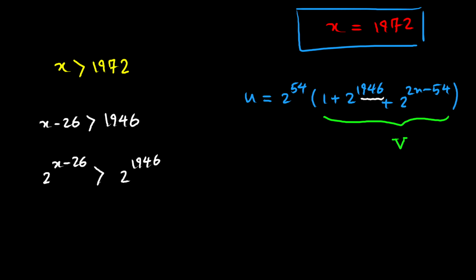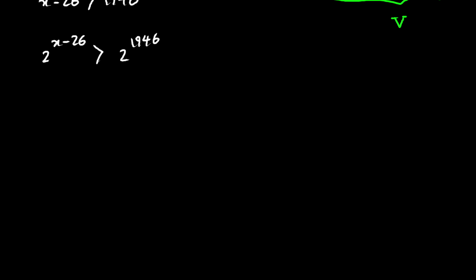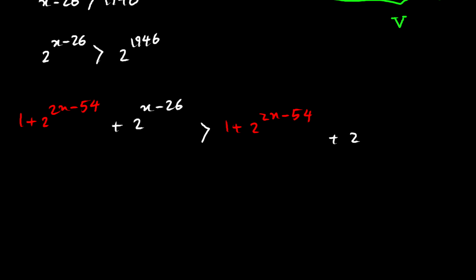Now, I can go ahead and say that 1 plus 2 to the power of 2x minus 54, and then plus 2 to the power of x minus 26 is larger than 1 plus 2 to the power of 2x minus 54 plus 2 to the power of 1946.